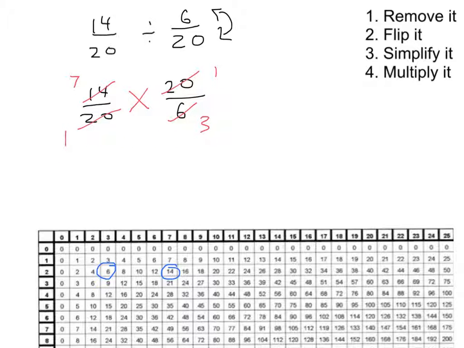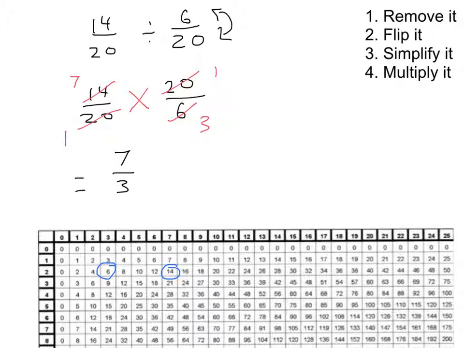So in this case, the answer will be, okay, 7 times 1 equals 7, and 1 times 3 equals 3. Okay, but let's change this improper fraction to a mixed number.